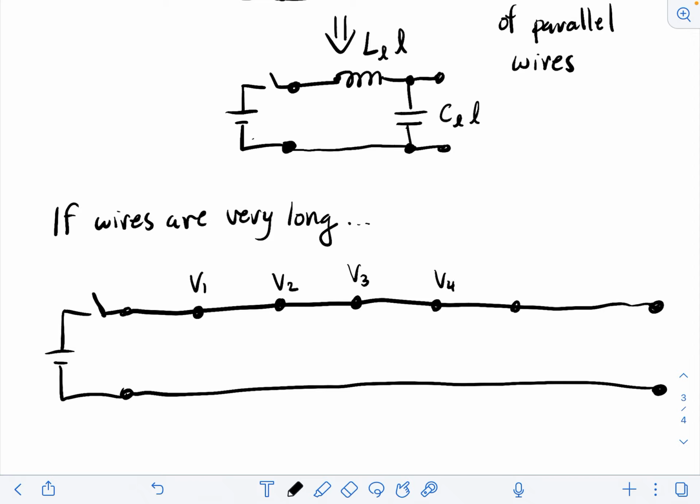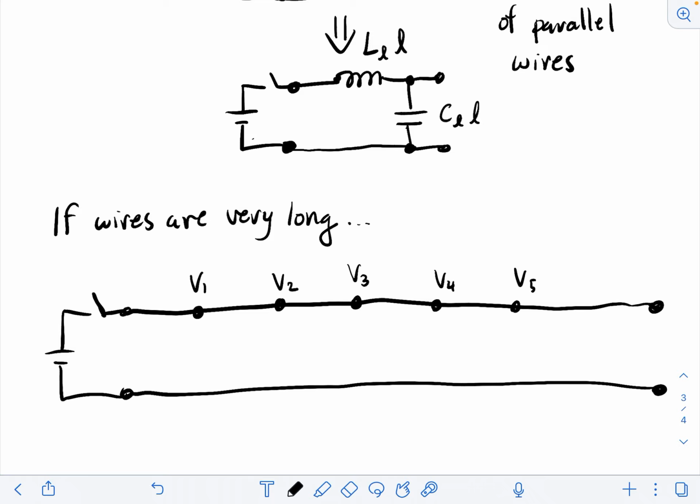If that time t is a very short time after the switch is closed, we'll find that these voltages are not all the same. We would expect the voltage closest to the battery, V1, to be larger than the voltage far away from the battery, say V5, a very short time after closing the switch.